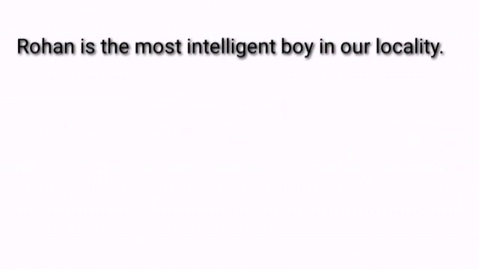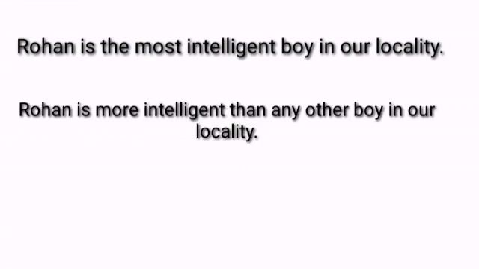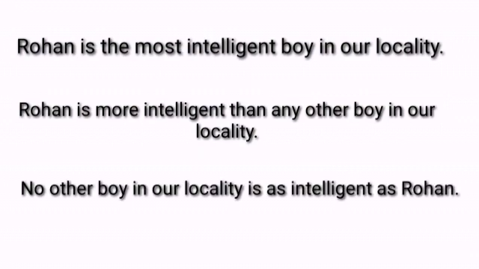So we can write it in comparative and positive degree and the meaning will remain the same. For example, in comparative degree we will write, Rohan is more intelligent than any other boy in our locality. And in positive degree we will write, no other boy in our locality is as intelligent as Rohan.